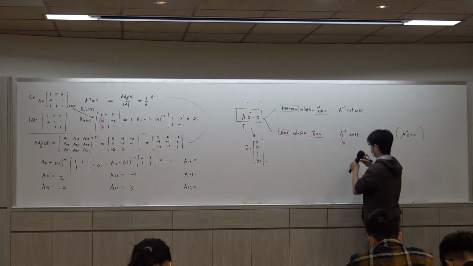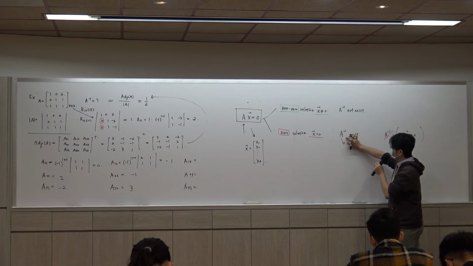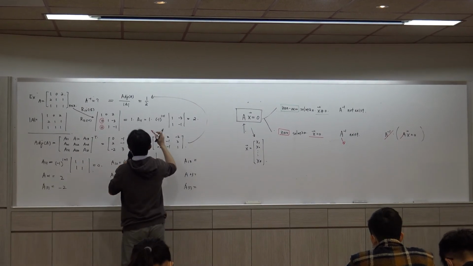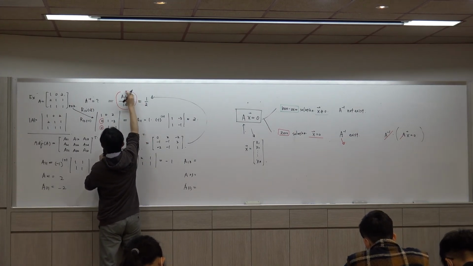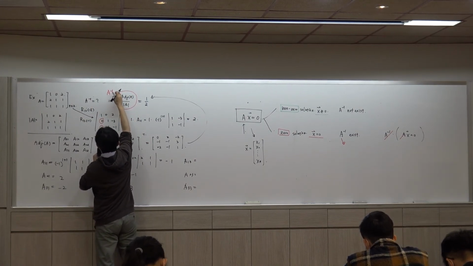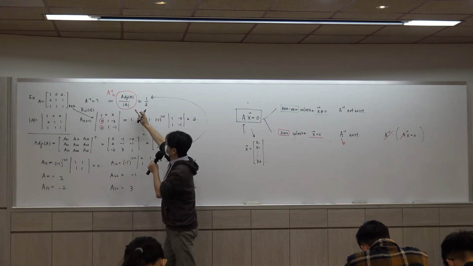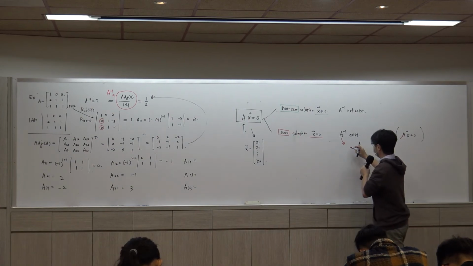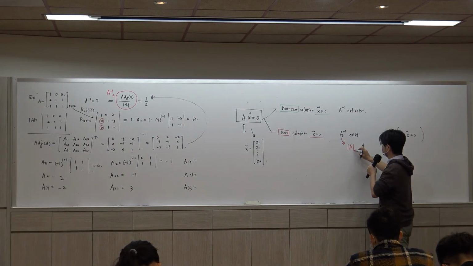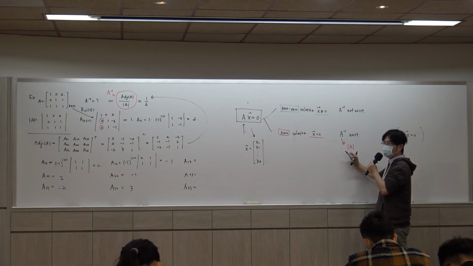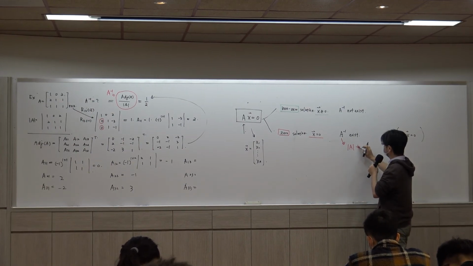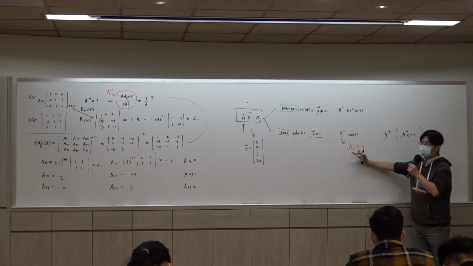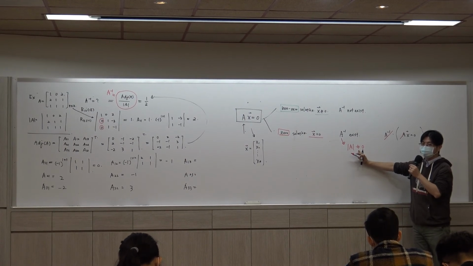So if the inverse matrix exists, and we understand this is the inverse matrix, it means the determinant of A does not equal 0, right?